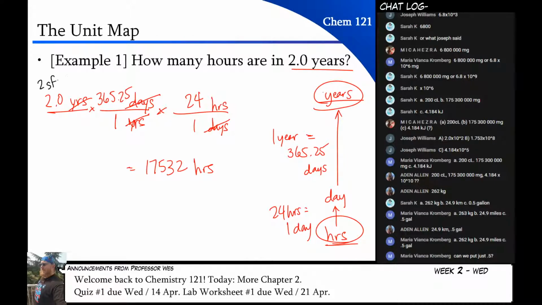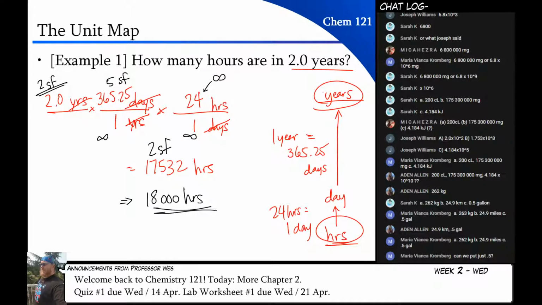This has 2 sig figs. This is 5. Exact. This is counted, and by definition, the day is 24 hours, so this is also exact. So this is what limits our calculation. And there's the answer.